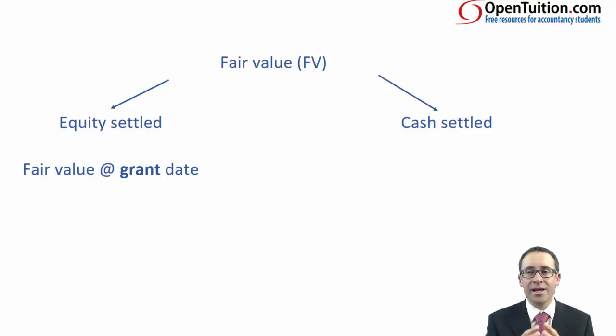Leave it exactly the same. The reasons why are essentially that if the fair value of the option changes, it's the employee who is going to reap the reward of that change in fair value, and therefore the standard takes the view that no further expense should be recognised because the employee has worked equally hard over those 3 years. Okay, so we take the fair value at the grant date and do not change it.